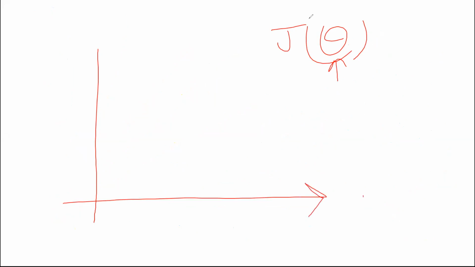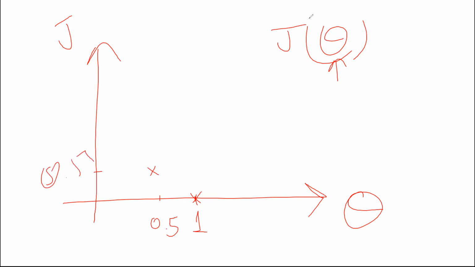If I plot a graph between theta and J, we saw that at 1, J was 0, and at 0.5 it was something like 0.58. Similarly, if I take some other value of theta, I will get some different value for J.